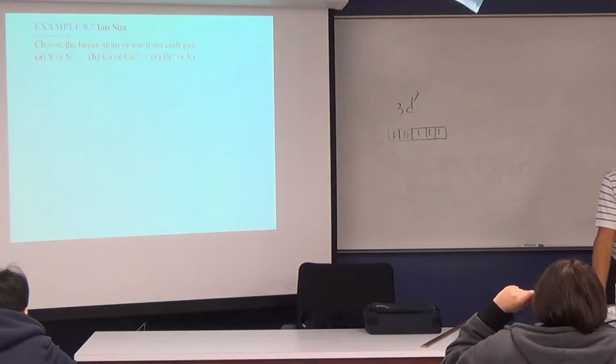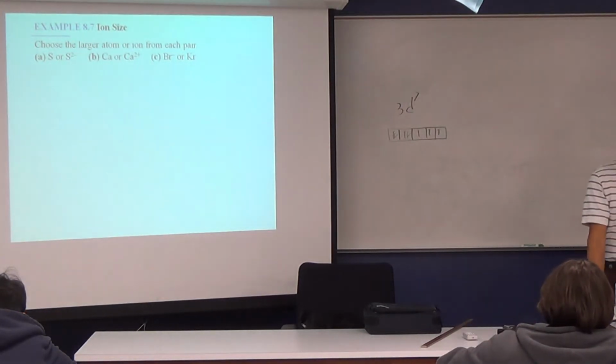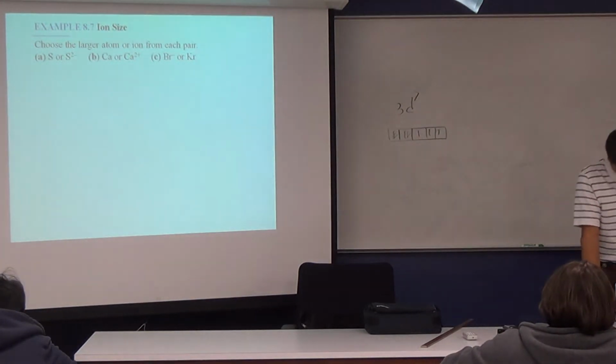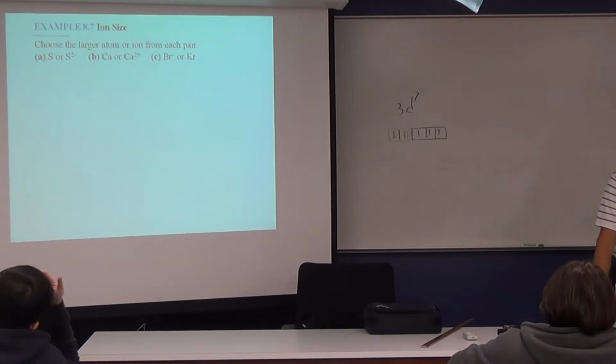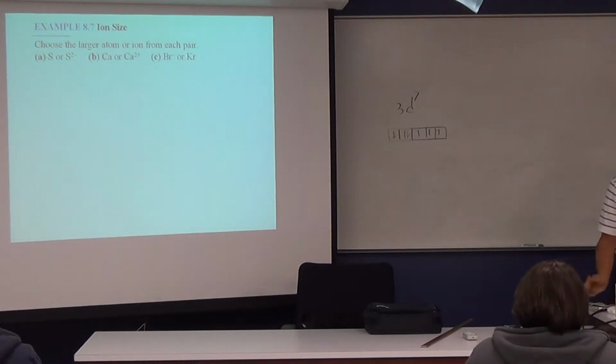So now you have this. Ion pattern is a little difficult to compare. So choose the larger atom or ion from each pair. The first pair, you compare sulfur with sulfur 2 negative.